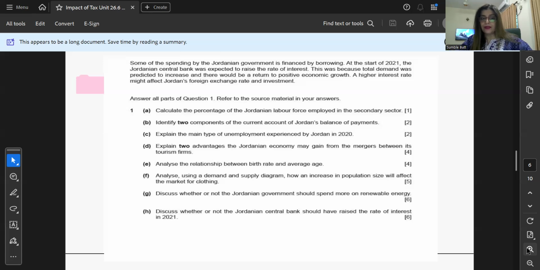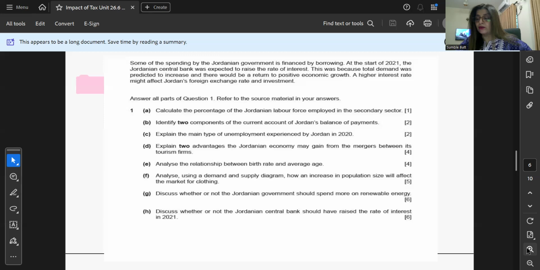Part D. Explain two advantages that Jordan's economy may gain from mergers between its tourism firms. One reason is that mergers have reduced the price of holidays, making it more attractive for tourism.